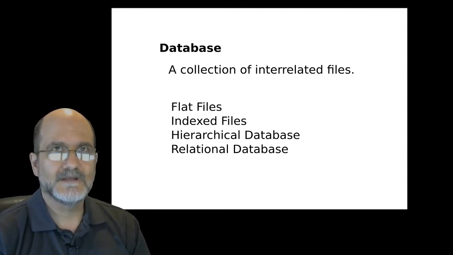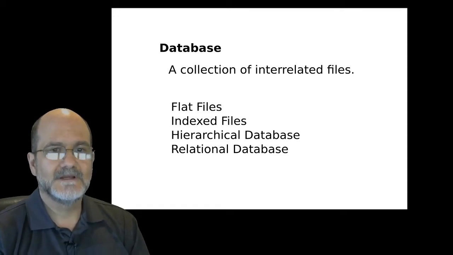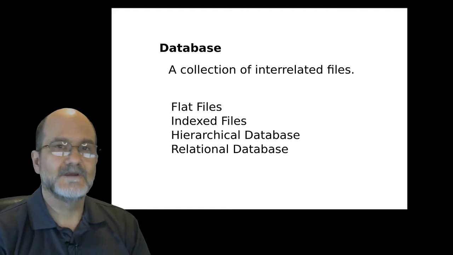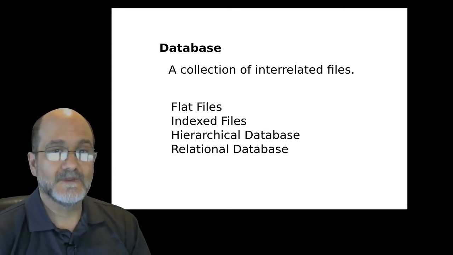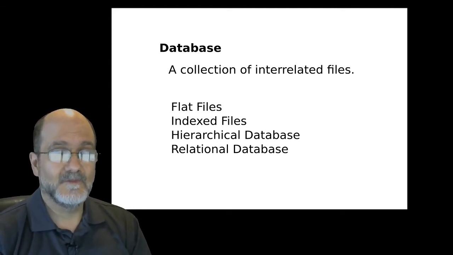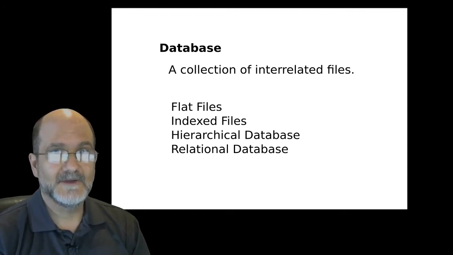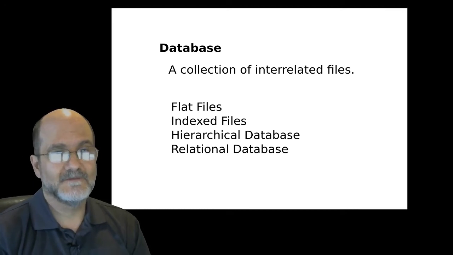You don't necessarily have to access it sequentially, one, two, three, in every record. You could jump directly to it. With index files, they came up with the idea of a hierarchical database, where they took the index files and linked them together.